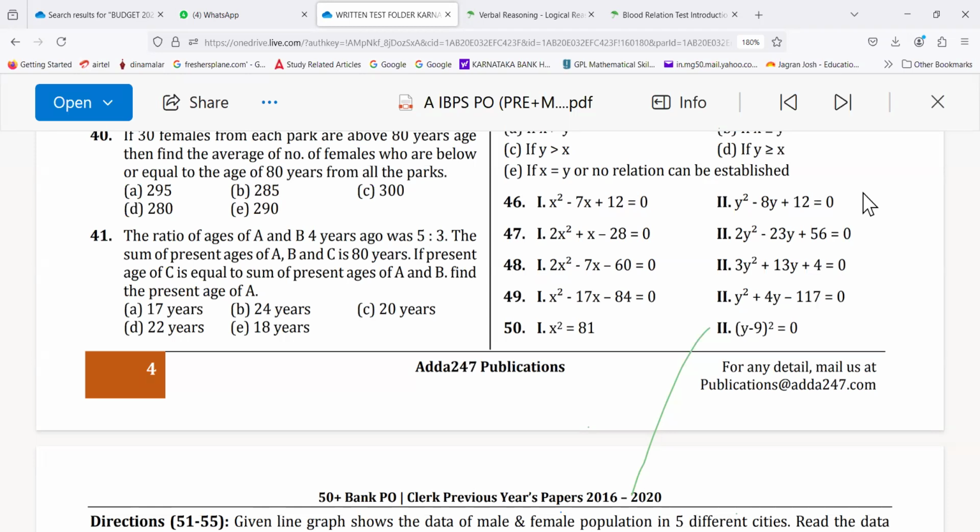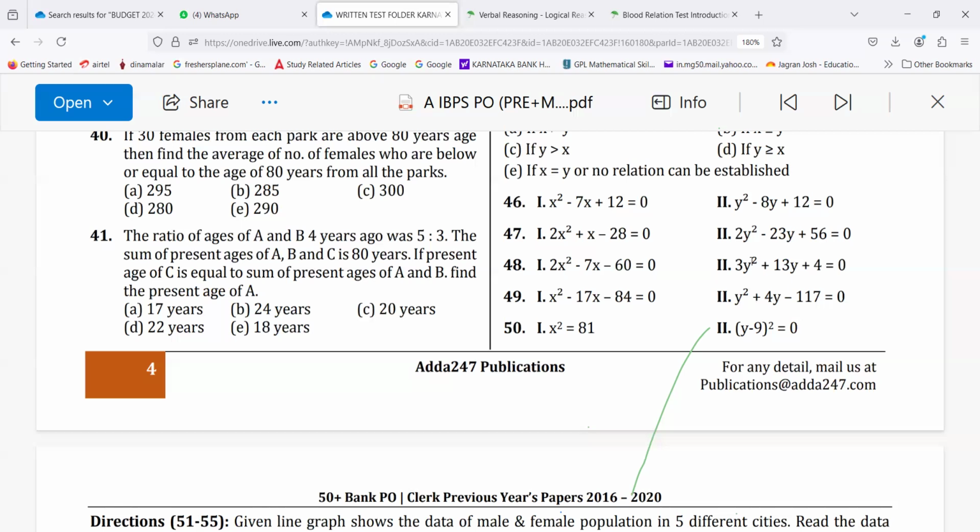X minus 4 divided by Y minus 4 is equal to 5 by 3. Cross multiply: 3x minus 12 is equal to 5y minus 20. Then 3x is equal to 5y minus 8. I am retaining this because you need the equation. That is the first equation.